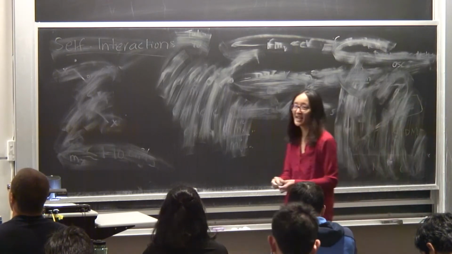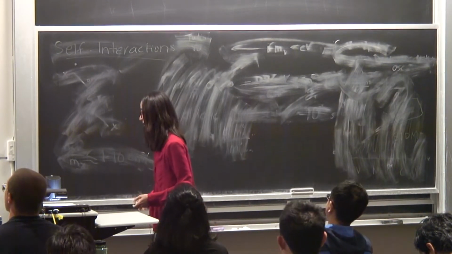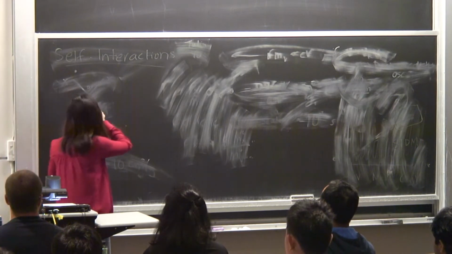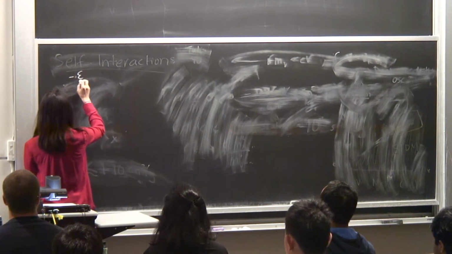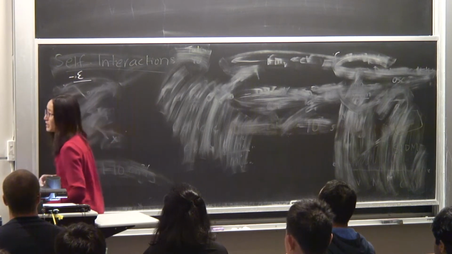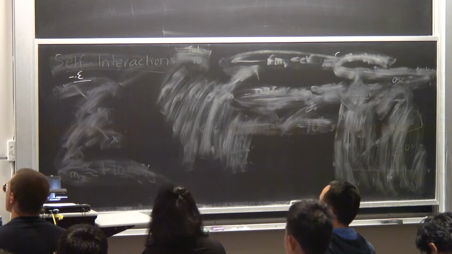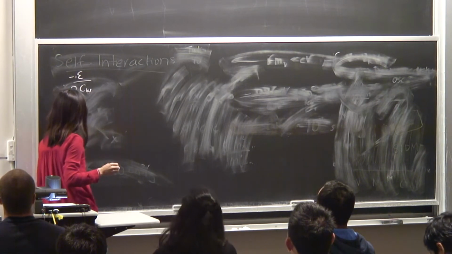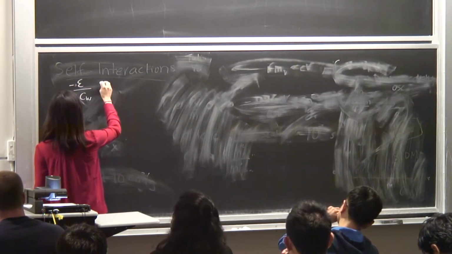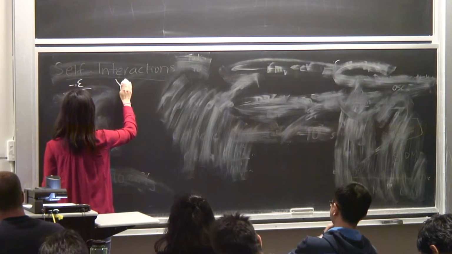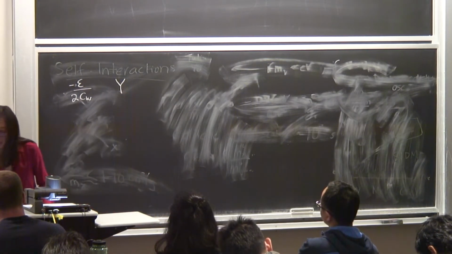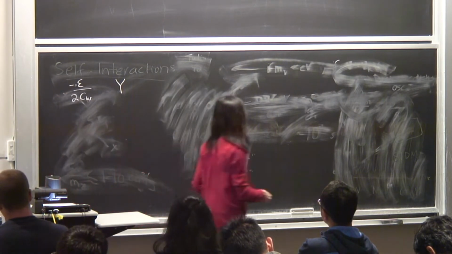A good exercise that I have to do every year or every month, or very often, is reminding myself how these field redefinitions go. So I'm going to start with a dark photon, and I'll write it as a kinetic mixing with hypercharge, because that respects my standard model. It's usually called B.